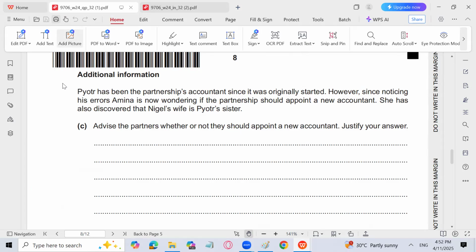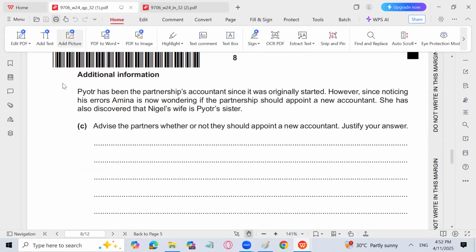But if she is more experienced, then definitely the accountant will be able to prepare more accurate accounts, and the investors will have more confidence in the business. Right, financial statements will become more reliable. Understanding and reliability will be increased.